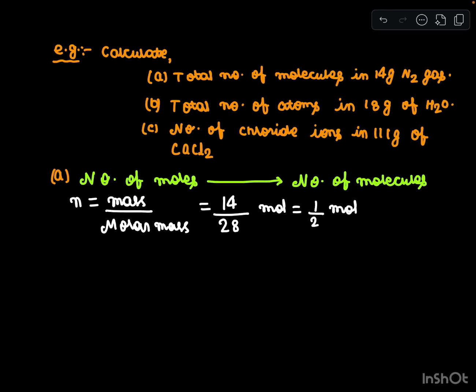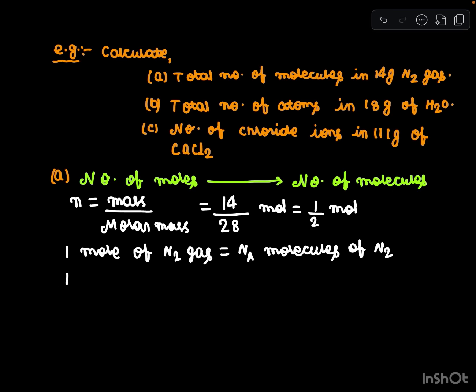Since we know that 1 mole of any substance is equal to N_A molecules of that substance, here 1 mole of N2 gas is equal to N_A, which is Avogadro's number, molecules of N2.